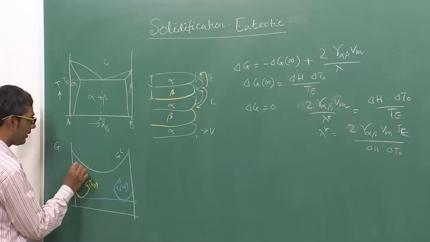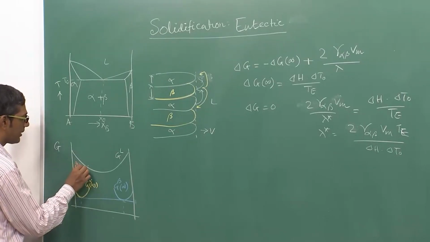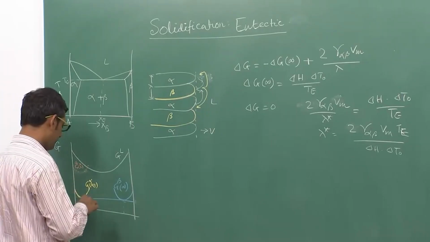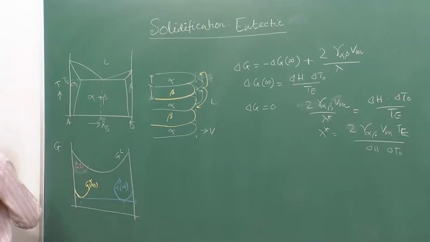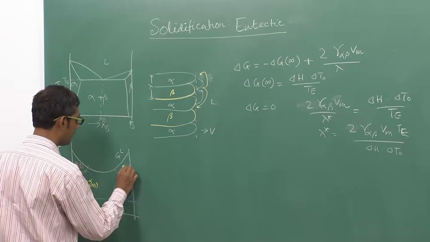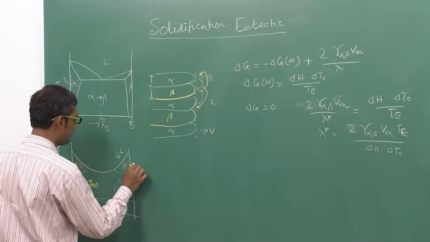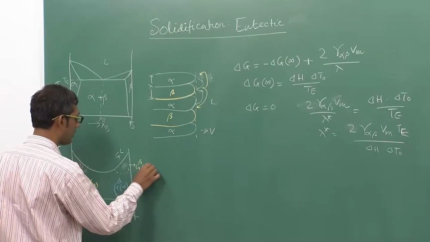So G alpha when lambda equals lambda star, similarly this is G beta when lambda equals lambda star.